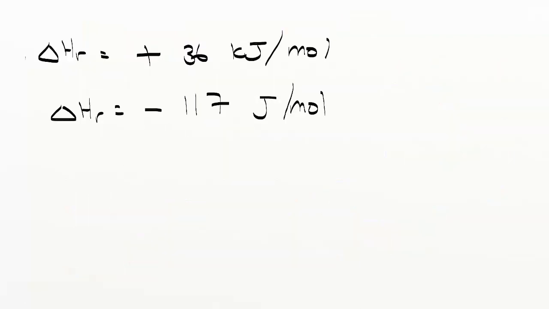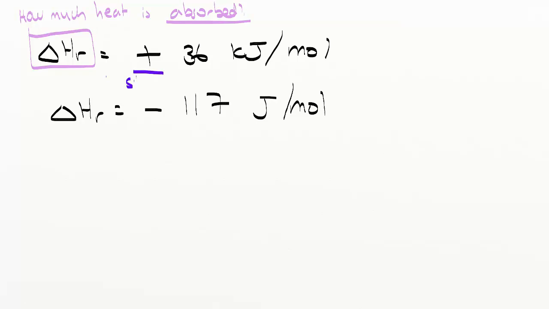Okay, so over here we've got 2 examples. First, let's have a look at the first one. The first one says delta HR equals positive 36 kilojoules per mole. So once again, how do we read this? Remember that I always want you to think about delta HR as asking us how much energy or how much heat is absorbed. Now the delta HR value is going to be written in a particular way.